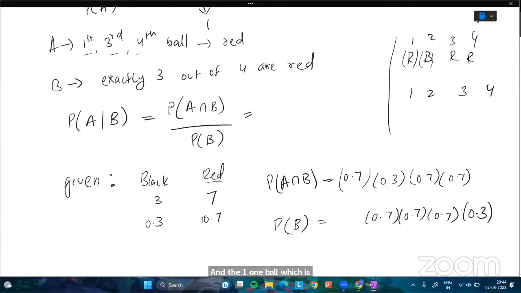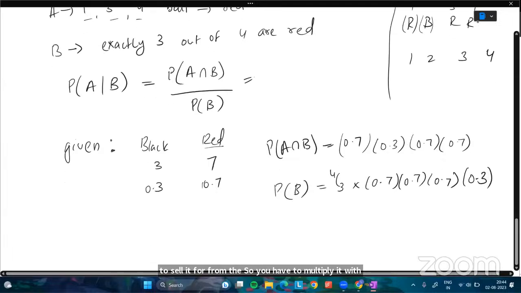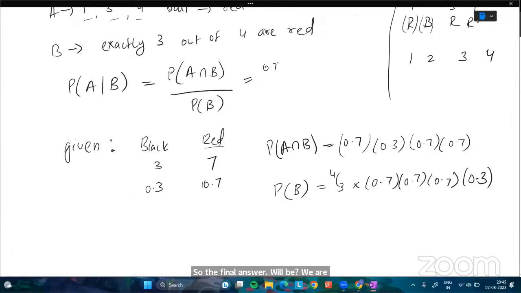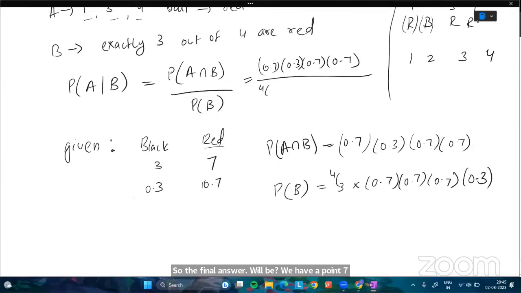And we have to select which 3 of the 4 will be red, so you'll have to multiply this with 4C3. So the final answer will be 0.7 into 0.3 into 0.7 into 0.7 divided by 4C3 into 0.7 the whole cube into 0.3.